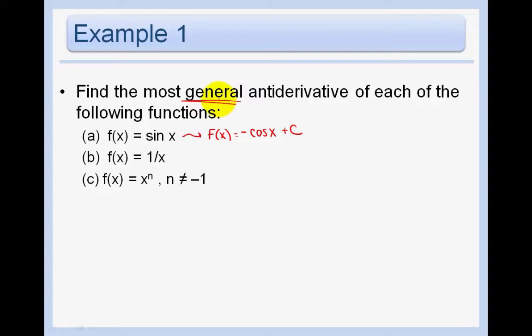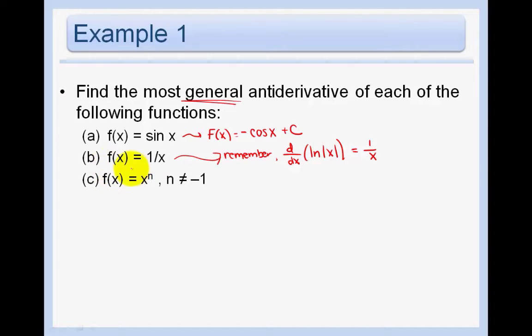B is a little bit tricky because it's asking us what is the function whose derivative is 1 over x. So you'll remember that the derivative of ln absolute value of x was equal to 1 over x. And I told you that it was very important that we had this ln of absolute value of x for a reason, and the reason is right here.